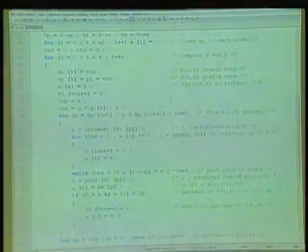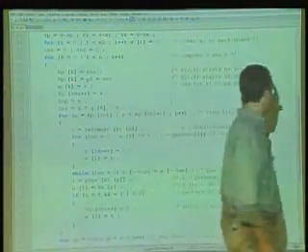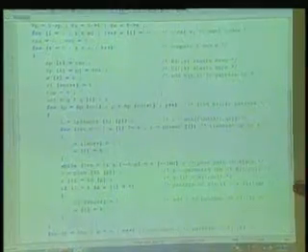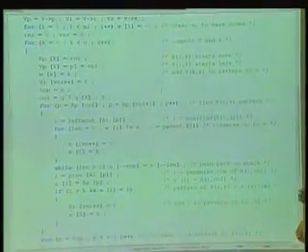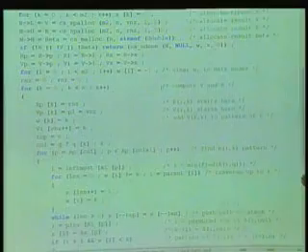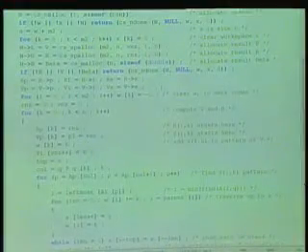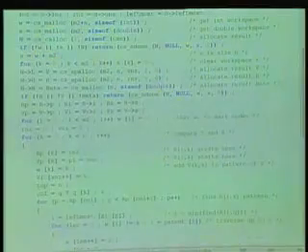So we left off looking at this QR factorization. Let's see, how far did we get? It's been a long weekend.